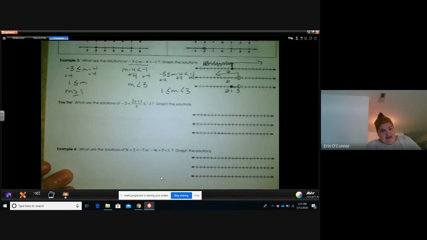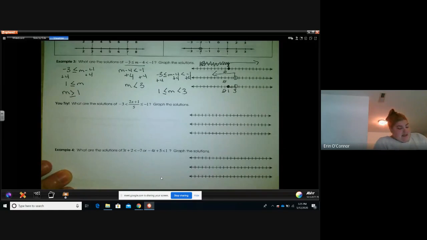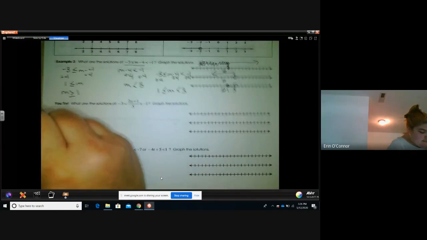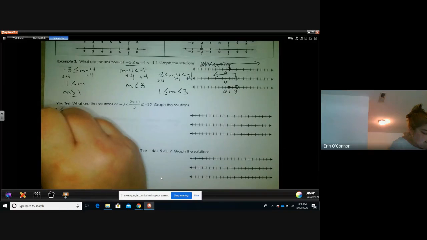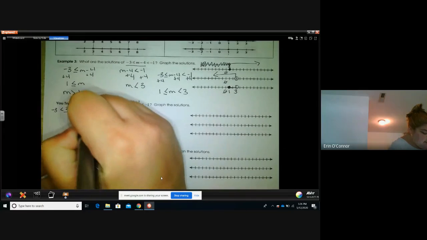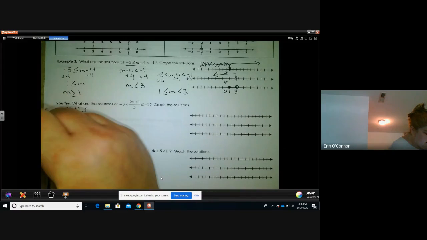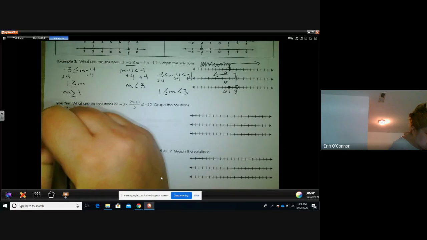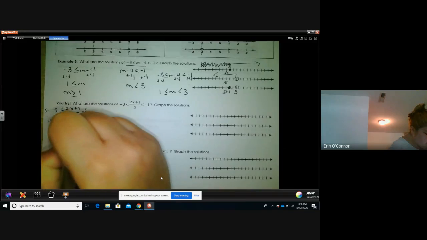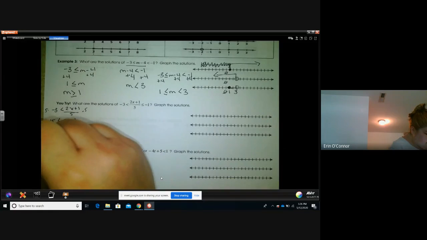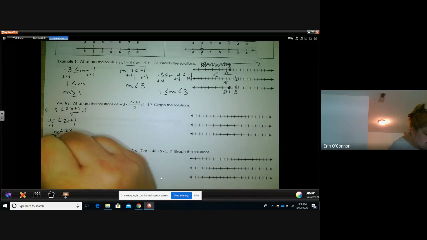So that being said, we can split off this one, and we would have negative 3 is less than 2x plus 1 over 5. To get rid of that 5, we're going to multiply by 5, and we get negative 15 is less than 2x plus 1, subtract 1. Negative 16 is less than 2x, divide by 2. And negative 8 is less than x.